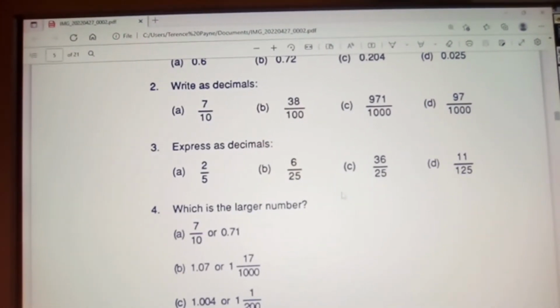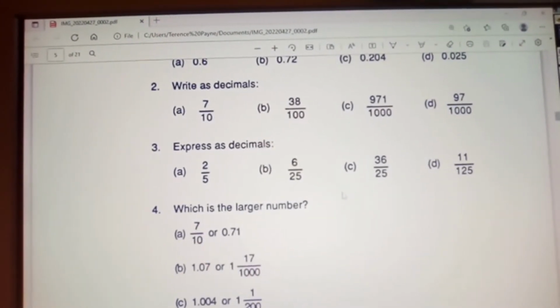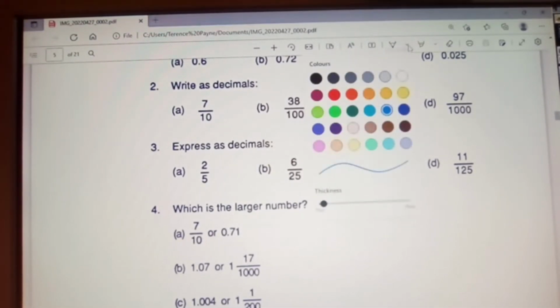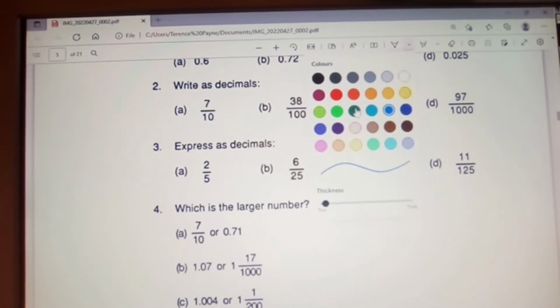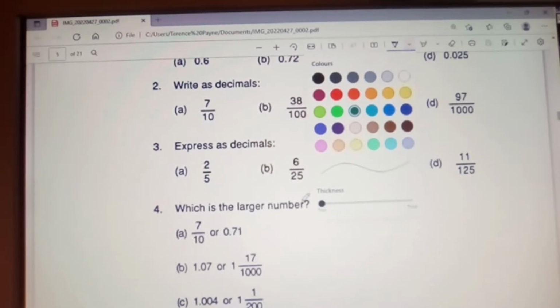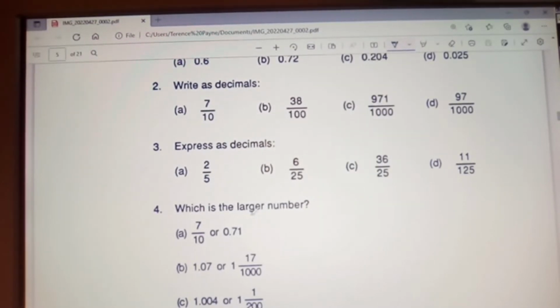So let's look at this first. Let me just get my pen and let me get a strong color. And this is the one we're looking at first. Okay, this one here.